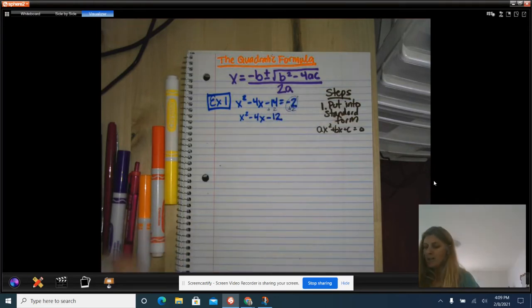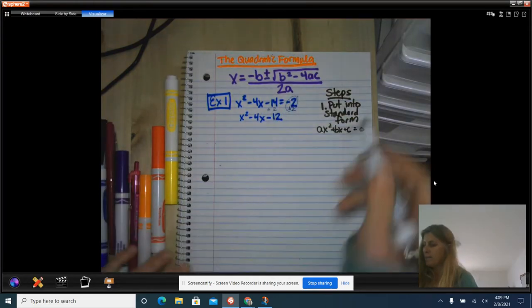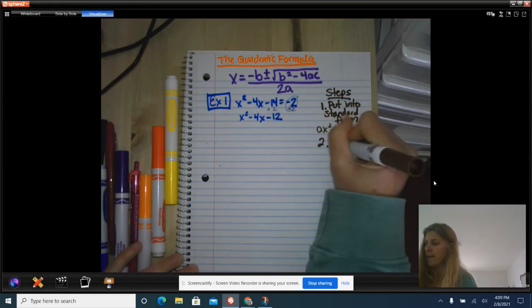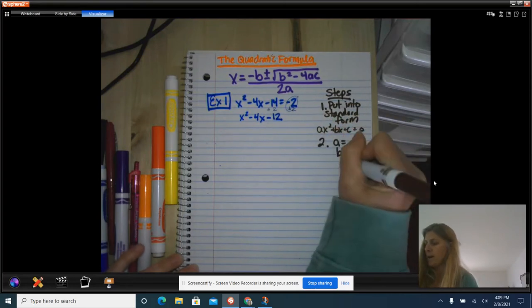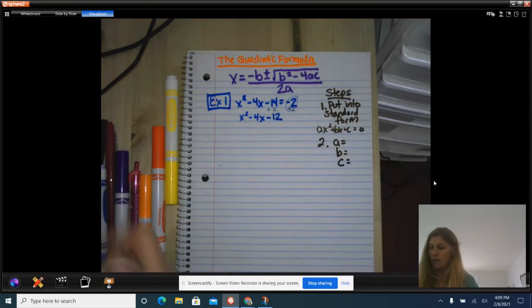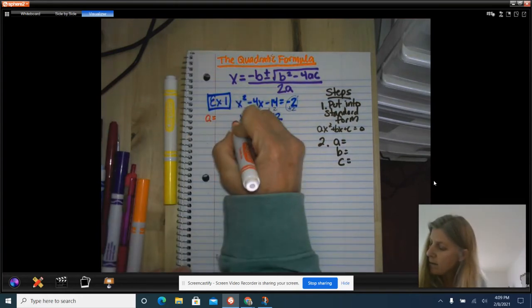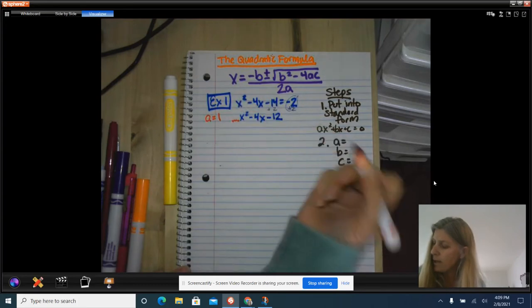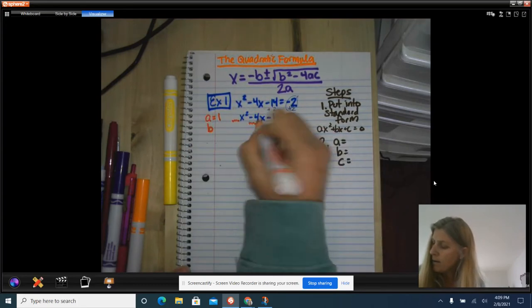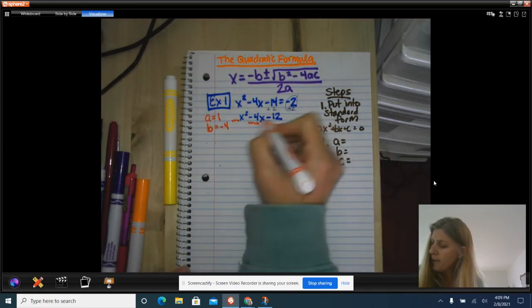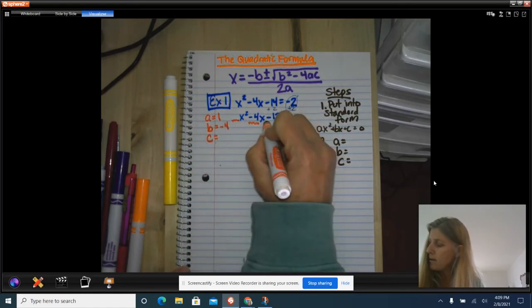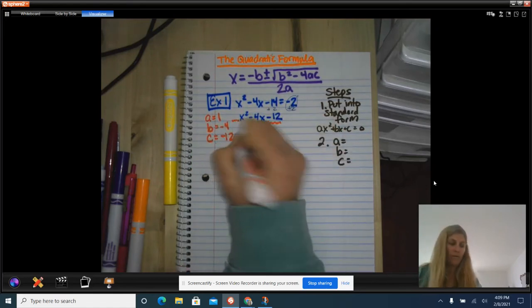Okay. Our second step, now that we've done this, is we're simply going to pull out our a, our b, and our c from the equation. So as we're looking here, we see that it has an a of that invisible 1, a b of negative 4, and a c of negative 12.